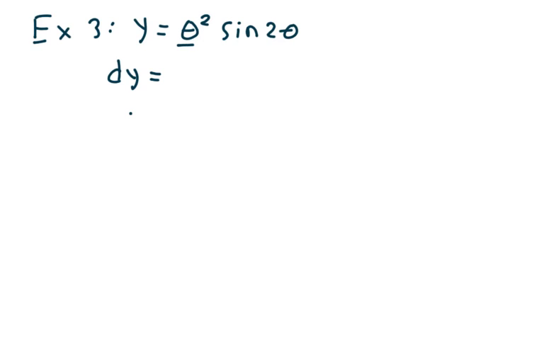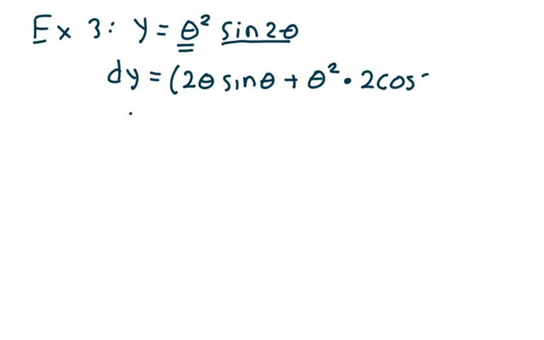I'm going to take the derivative of the first function, which is 2 theta, and multiply by sine 2 theta, plus theta squared, the first function, times the derivative of the second function, which is 2 cosine 2 theta. And then this whole thing, I have to attach a d theta to. So it would look like that.